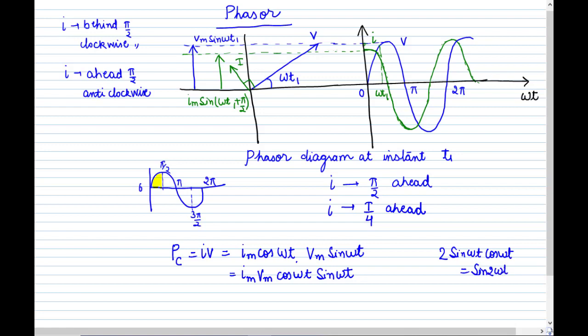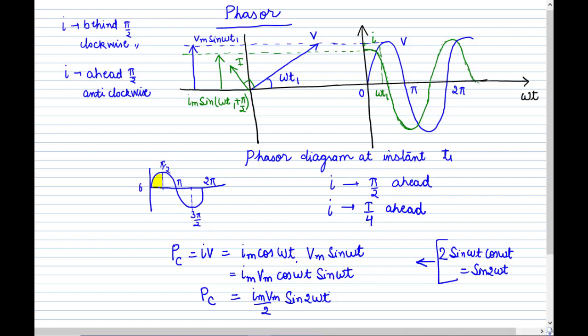This rule of trigonometry we will apply here, and what we get is that the power supplied to the capacitor is (Im Vm / 2) sin 2 omega t. So this is the power supplied.